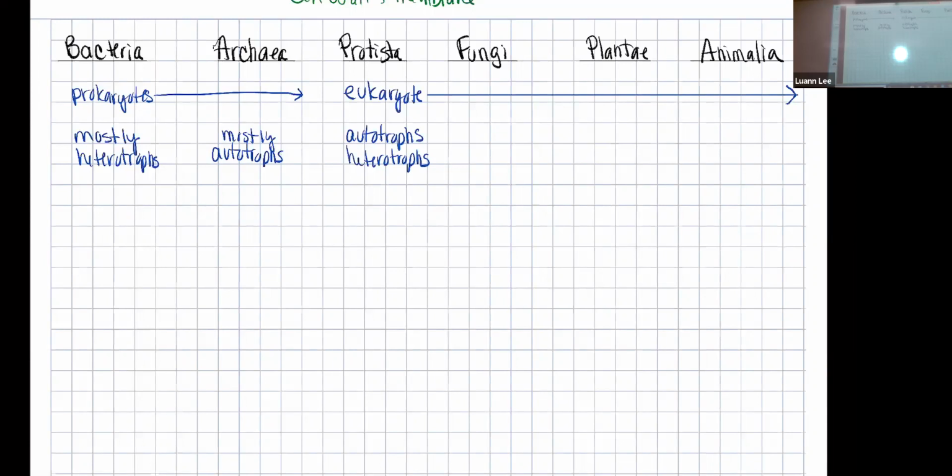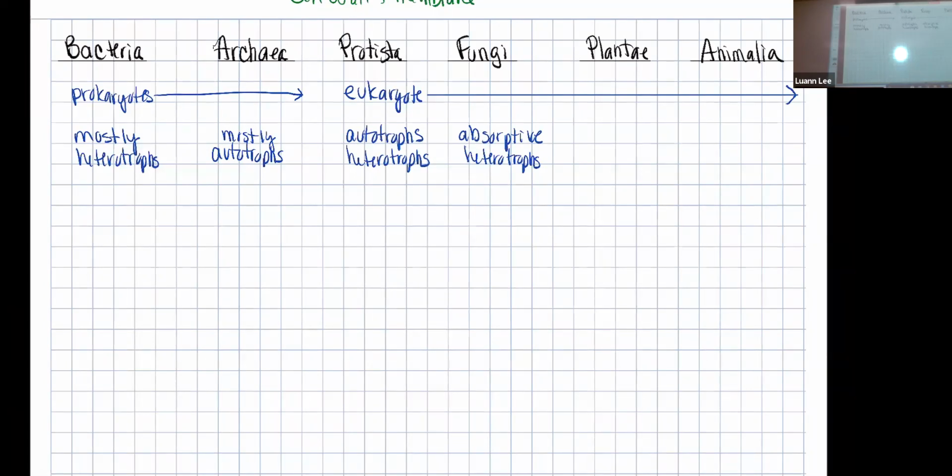Fungi are kind of interesting because they are something called absorptive heterotrophs, which means that they cannot make their own food. They don't eat, though. They just absorb the things they need from around them. That's why you'll see mushrooms growing in certain places in the yard.